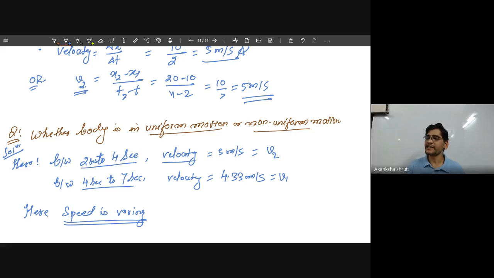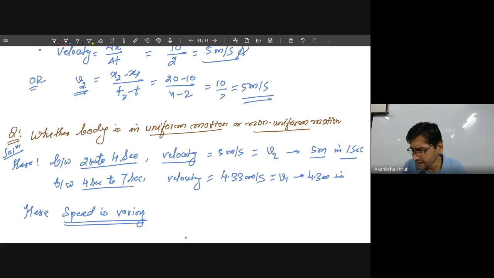If the distance is given, then we have to take the ratio to get the speed. That will give us the distance covered per unit time, meaning in 1 second, how much distance is covered. So here 5 meters is covered in 1 second, but in the second case it is 4.33 meters in 1 second.